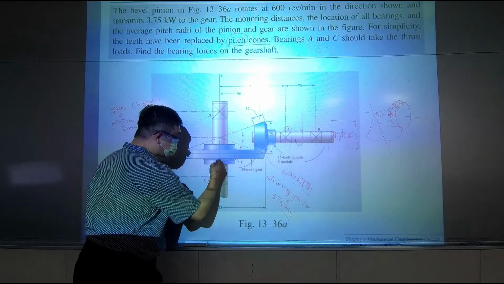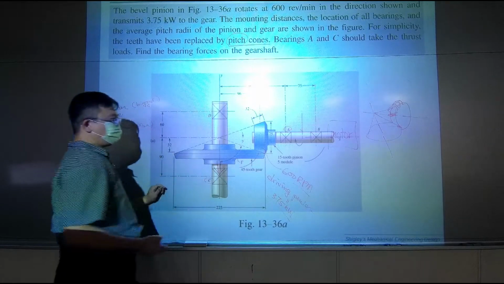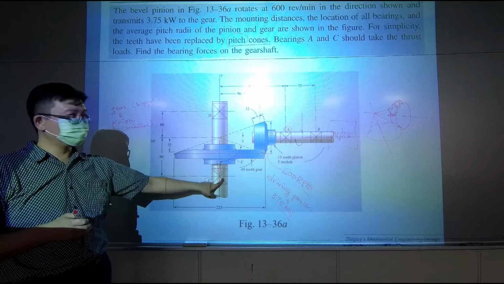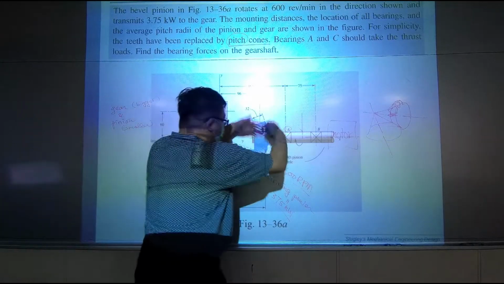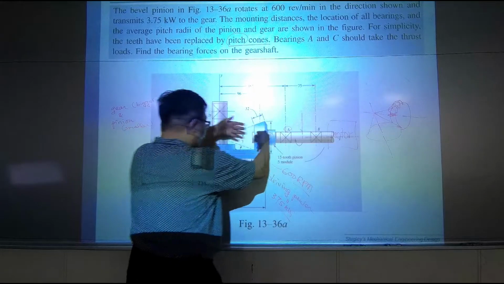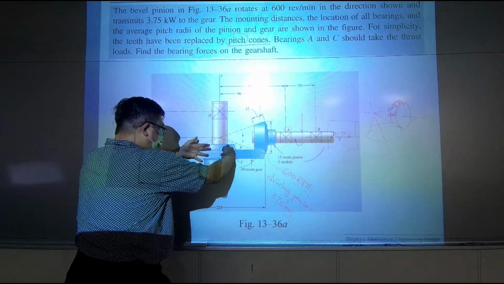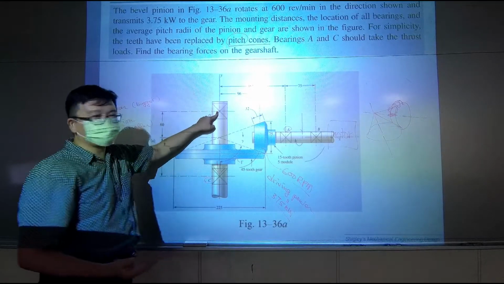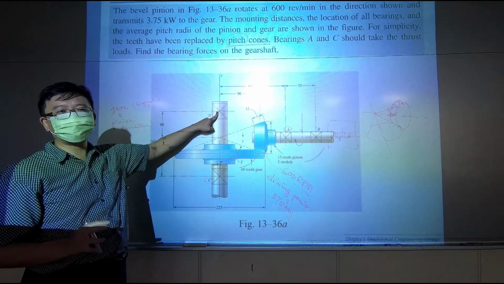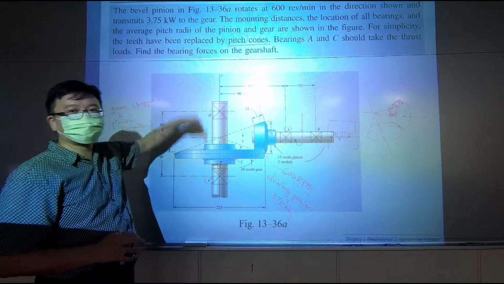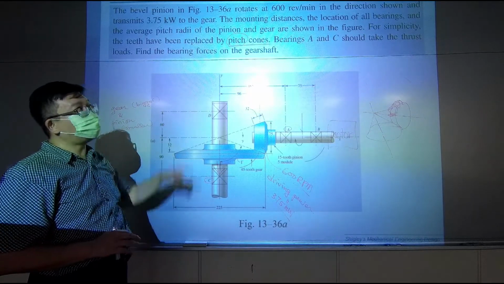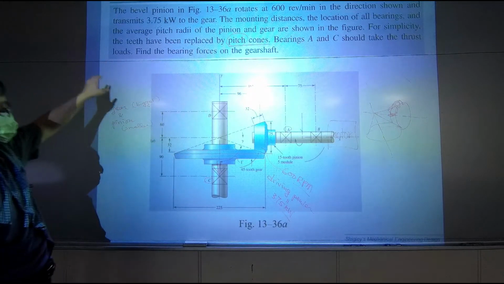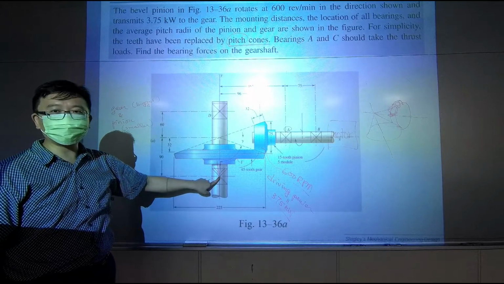So there is a very strong pushing force onto bearing C. Since all the driving force coming from this side will be held by bearing C, this one actually doesn't hold the axial force. The problem specifically mentioned that all the thrust loads are applied to bearing C.